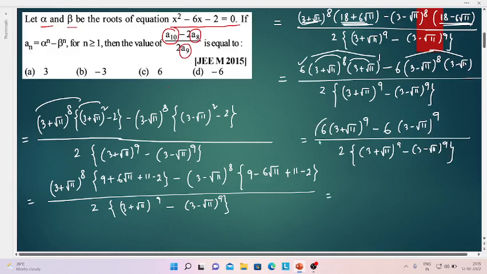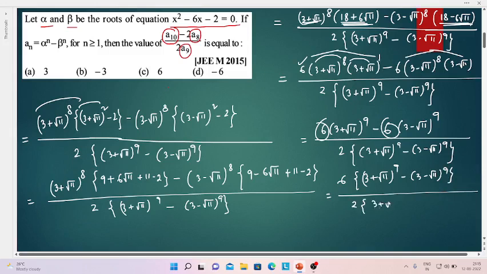So here we can take common 6, right? After taking common 6, we will have (3 plus root 11) to the power 9 minus (3 minus root 11) to the power 9, and the denominator part will be the same, so we can cancel this part.